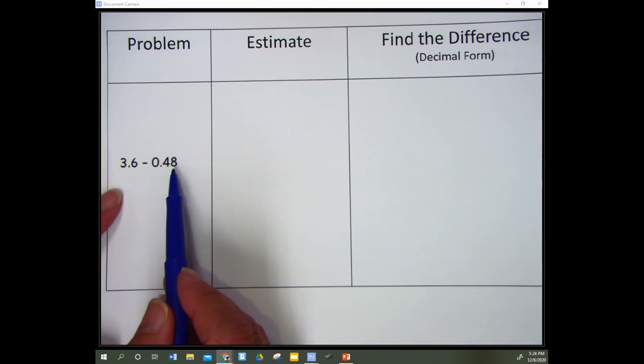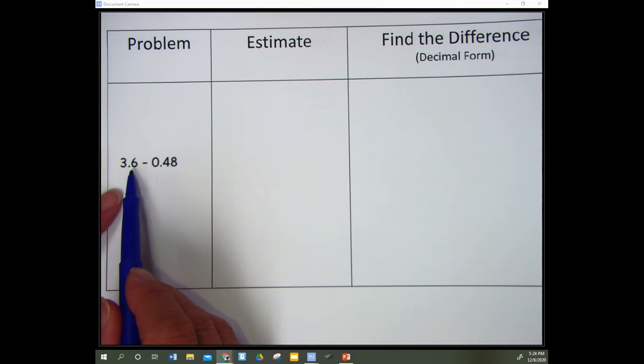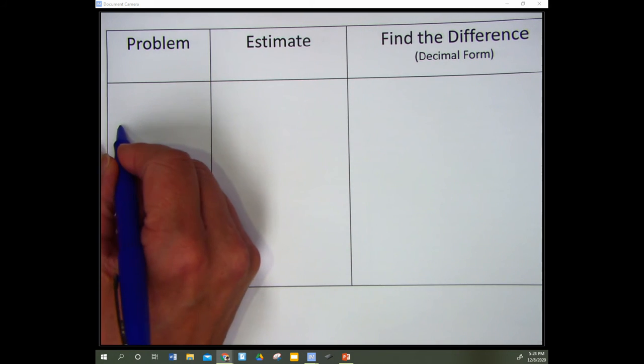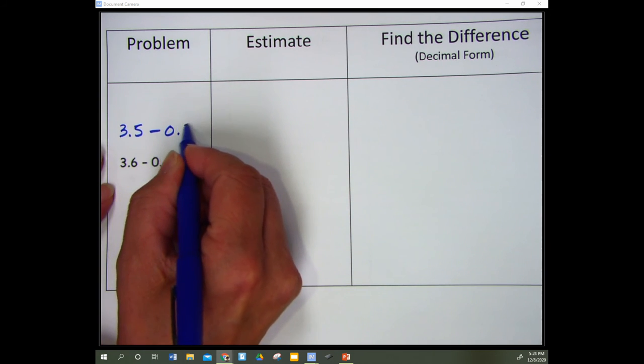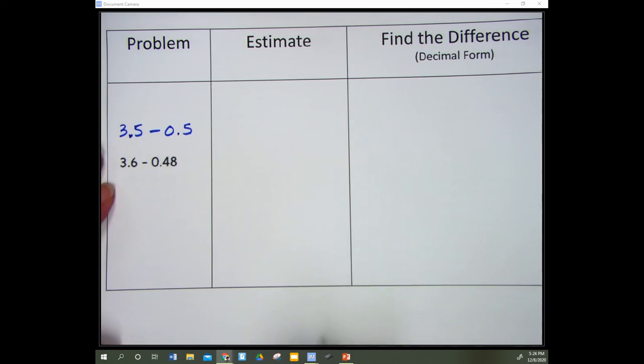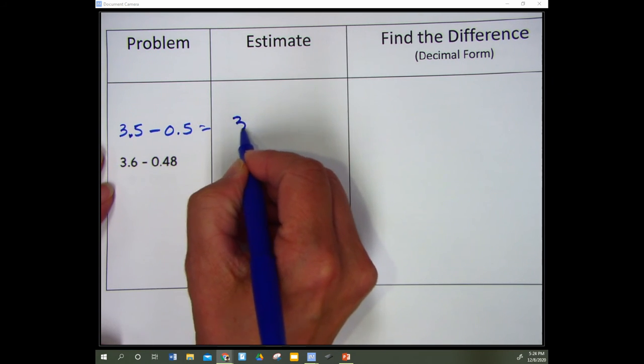That's almost 1/2, right? If I have 3 and 6 tenths, 3 and 5 tenths would be 3 and 1/2, right? This is pretty close to 3 and 5 tenths minus another 5 tenths, okay? So a good estimate for this would be about 3.